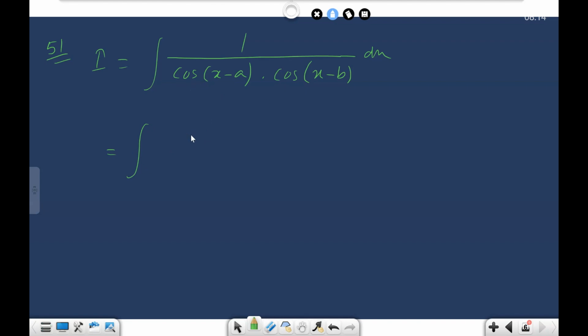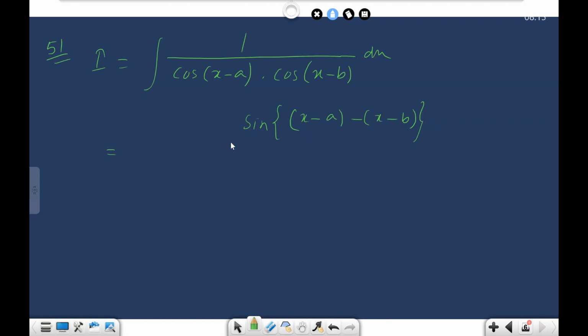So you are to write in the numerator, if both of these are cos, then you have to write sine here. Sine, then see the process. It is sine of x minus a, then minus x minus b.